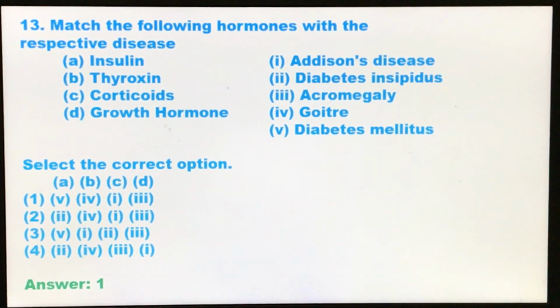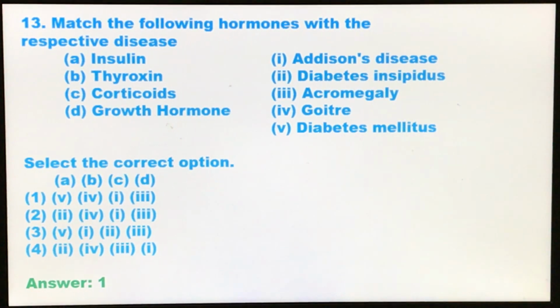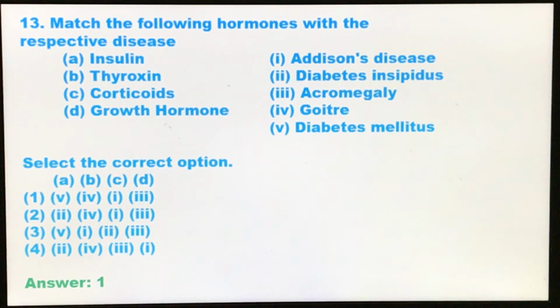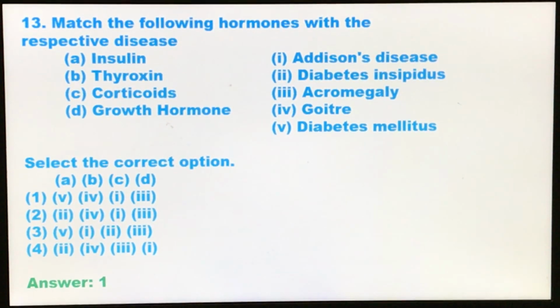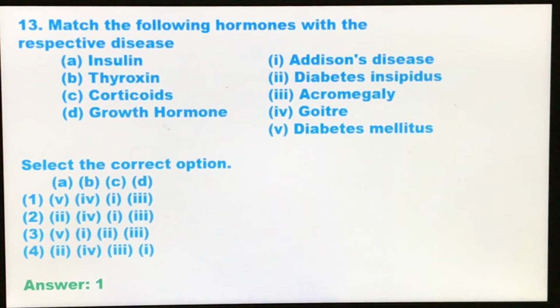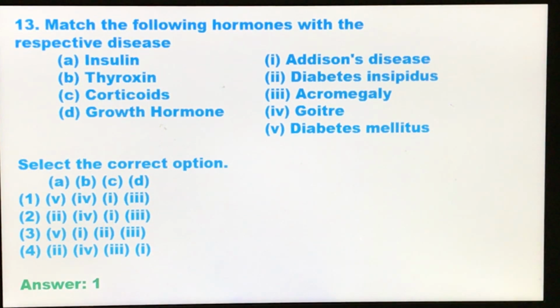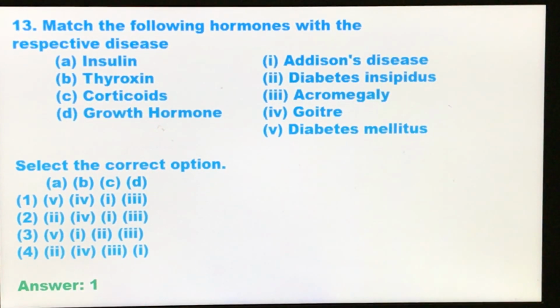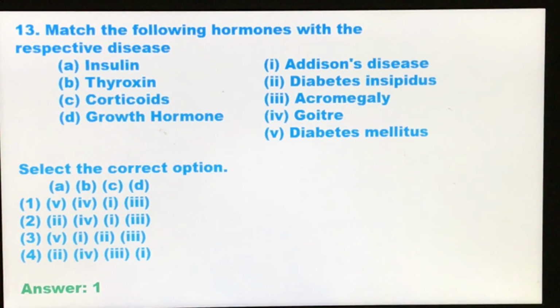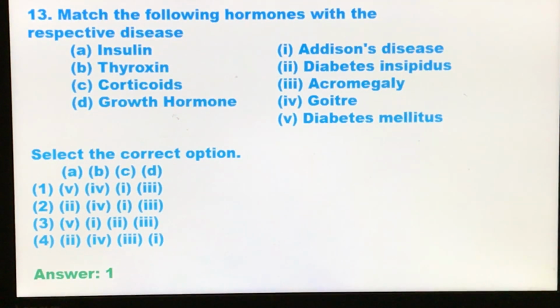Now the third hormone, that is corticoid, leads to a condition that is called Addison disease. Now Addison disease is due to a lower amount of the hormone cortisol. So the adrenal gland produces a lower amount of the hormone cortisol, which leads to the condition Addison's disease.